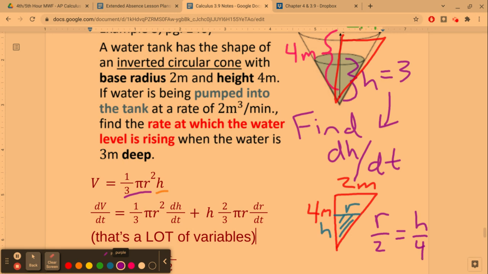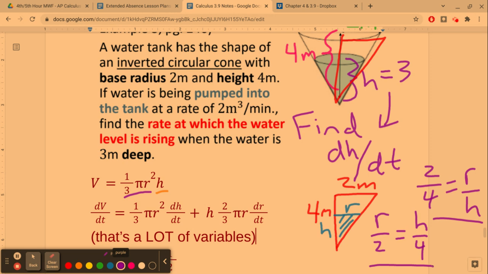You may have also said, let's see if we can erase a little bit. Whatever. So we could also say that 2 is to 4 as r is to h. All right, so both of these representations are great.